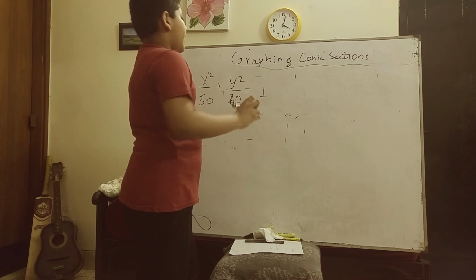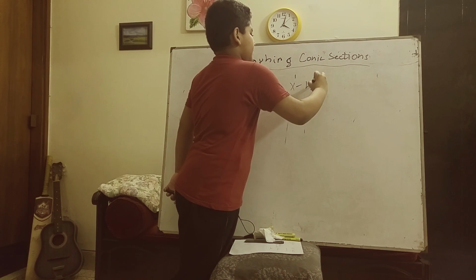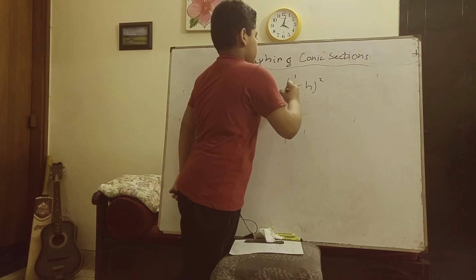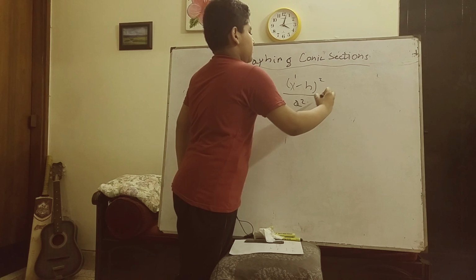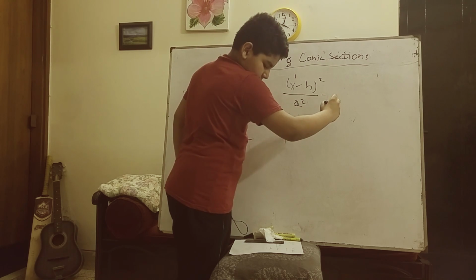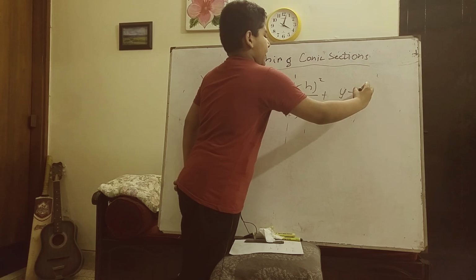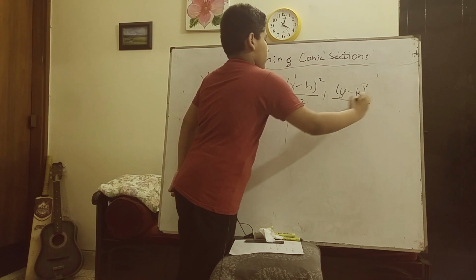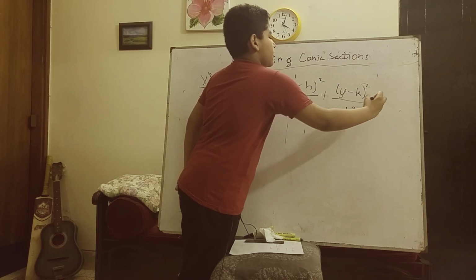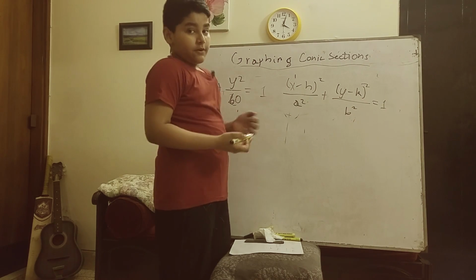There's another way of writing the standard form, that is x minus h quantity squared over a squared plus y minus k quantity squared over b squared equals 1. Now, do the new variables look familiar?